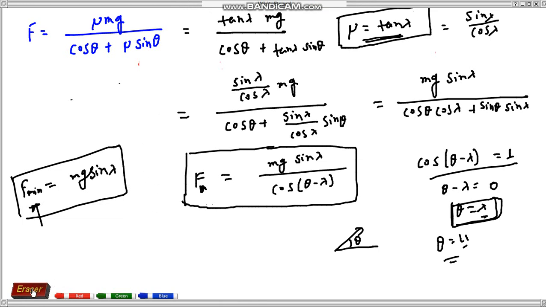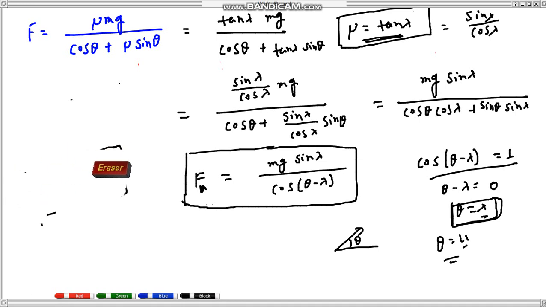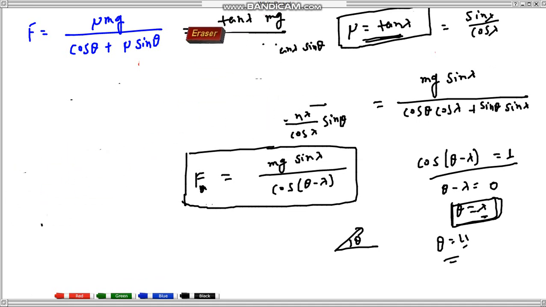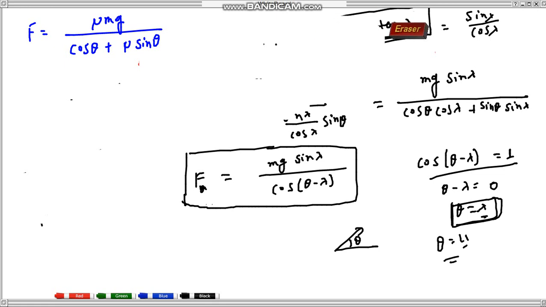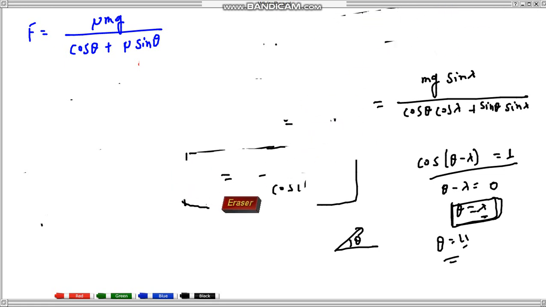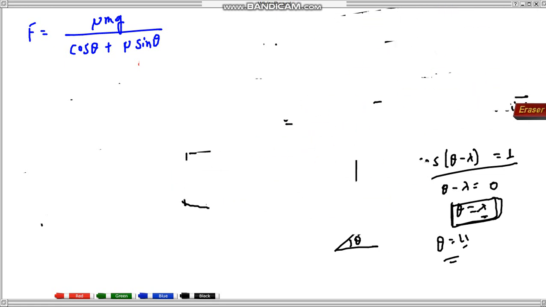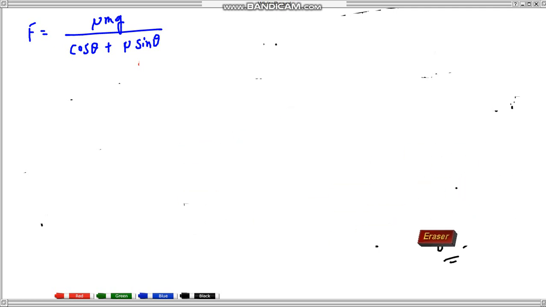But if we want to use the calculus method instead of this trigonometric trick, we can also solve the problem. As we know from the concept of maximum and minimum, for any function to be maximum or minimum, the first derivative of the function is 0.